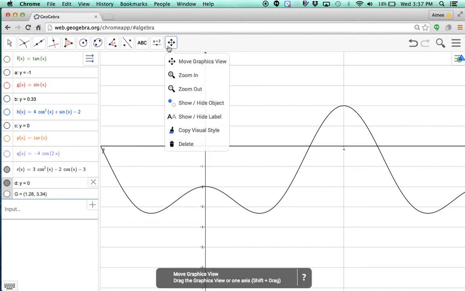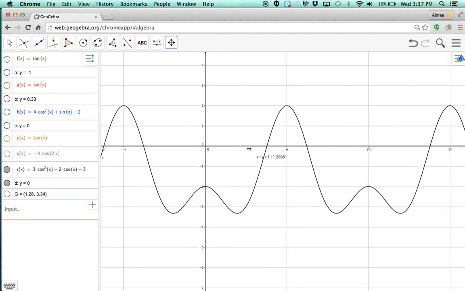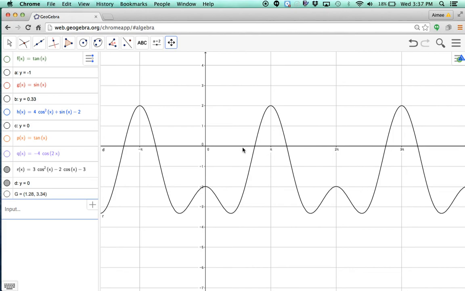And here it's a little bit hard to see what the period might be. So if I zoom in a little bit, we start seeing some repetition there. And it looks like we can go from the peak down here at negative 3 to this peak right here, and that would take care of everything. So each cycle is going to have 2 local maximums, and it's also going to have 2 local minimums. Okay, so here's your local minimums. Your local maximums would be here at negative 2 and at positive 2.